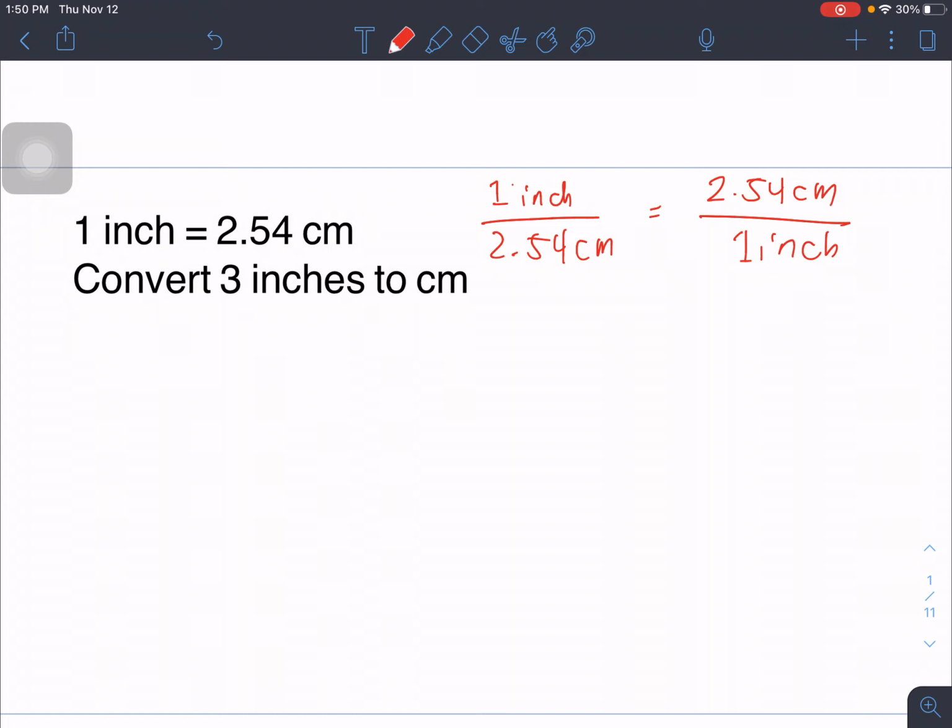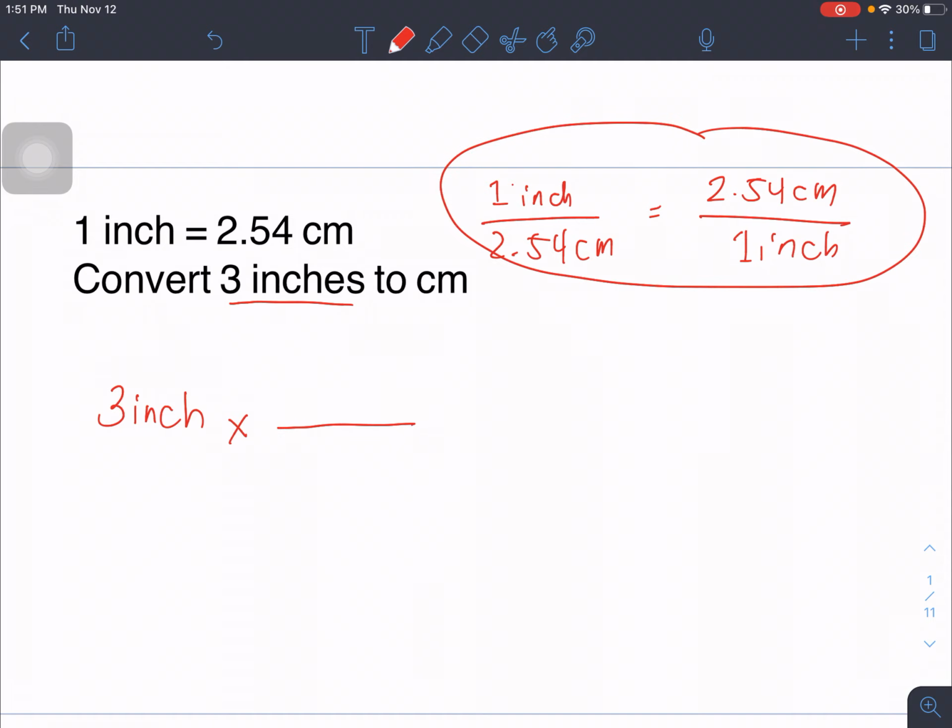So for example, I will be having 3 inches and I would like to convert it to centimeter. So this will be 3 inch multiplied by the conversion factor. I would like to choose which position inch will be assigned.